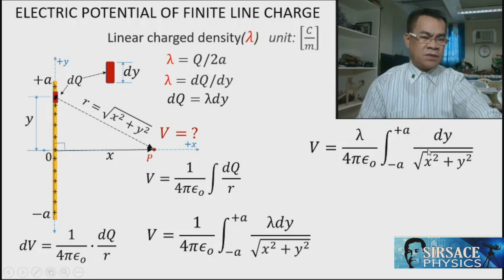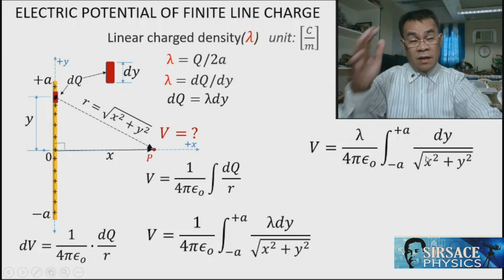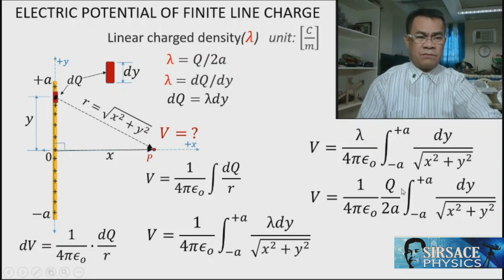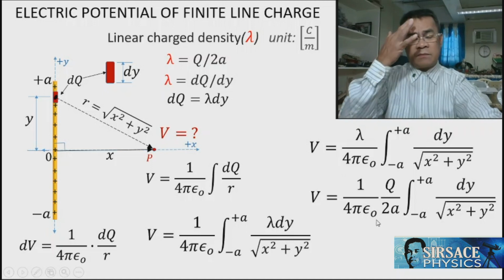By the way, because we don't know the linear charge density yet, we can replace it with Q over 2A. This should be the value of the linear charge density.